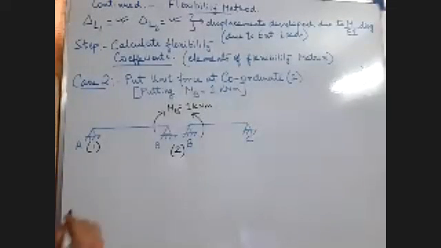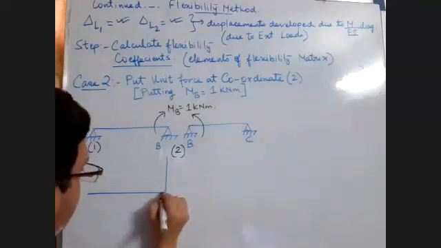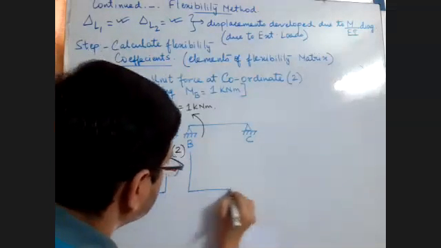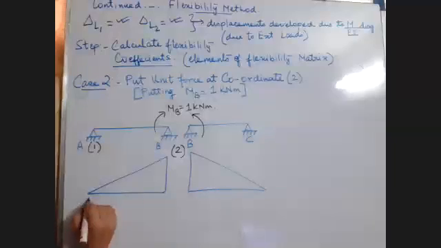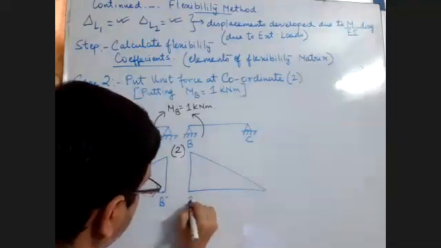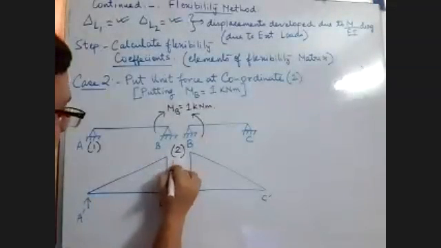So draw the bending moment diagram. I will draw the M by EI diagram like this. Here it will be 1 by EI.